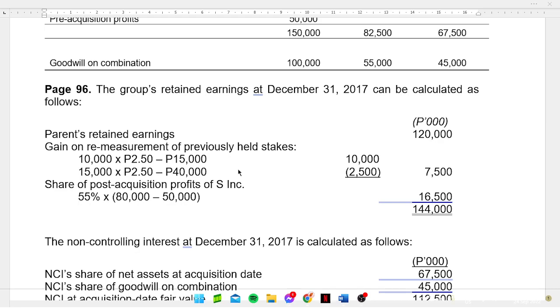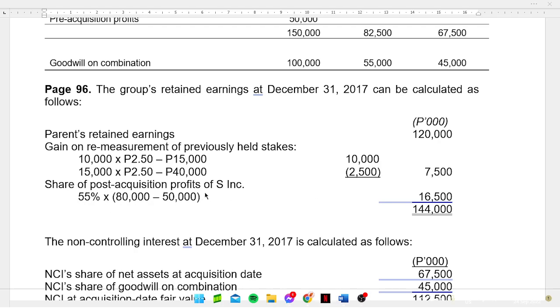Since nga ni-remeasure natin yung per share ni S Inc., ang sabi nga sa illustration, the 10,000 shares times 250 is equals to 25,000, at ilalas natin yung cost na 15,000 to get the 10,000. While yung 15,000 shares times 250 minus 40,000 ay magiging negative 2,500. Ilalas natin yung 2,500 kay 10,000 to get 7,500.